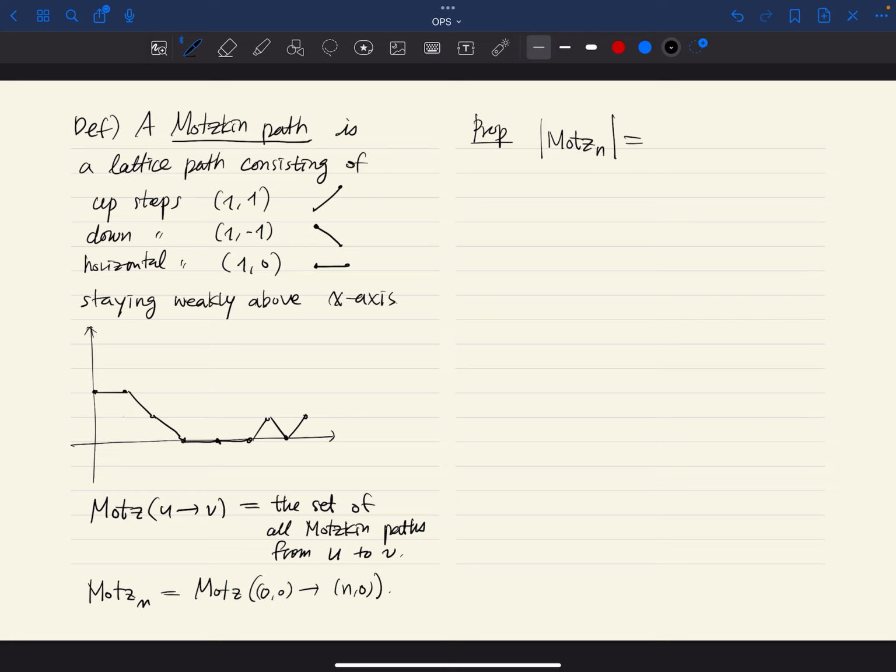Then you will get a Motzkin path, right? So for example, start with some Dyck path, insert maybe 2 here, maybe just 1 here, 3 here. Then what do we get? Up, I inserted 2 horizontal like that.